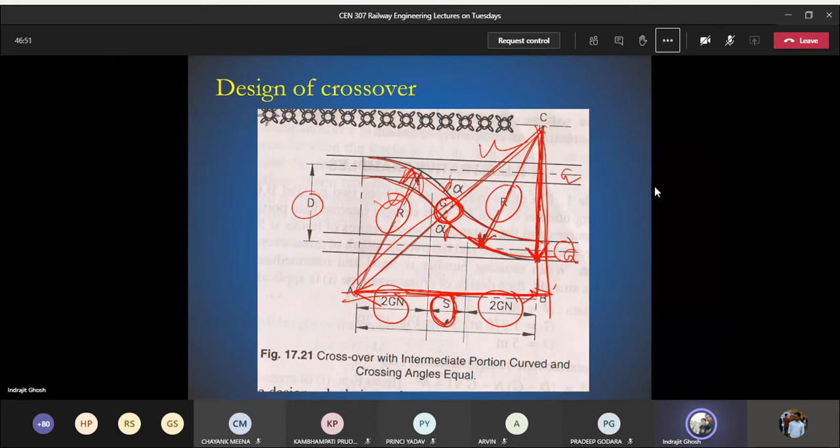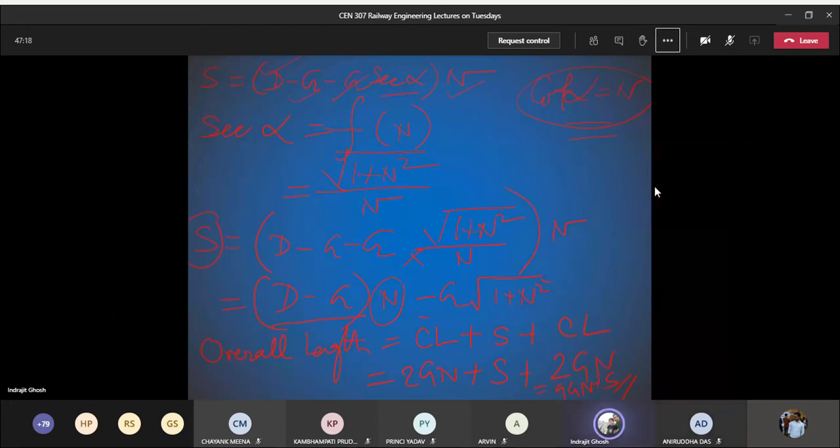Then the remaining part is R minus G minus D. So what is it coming?